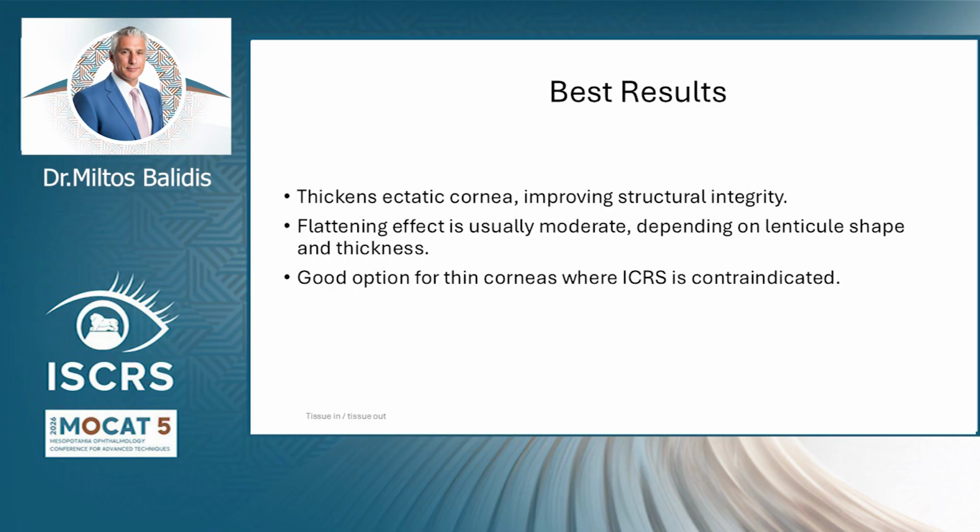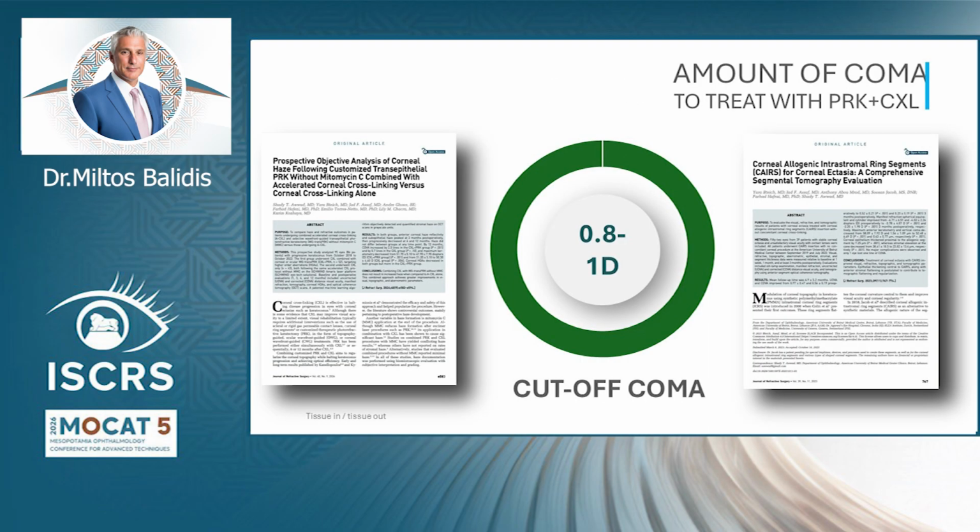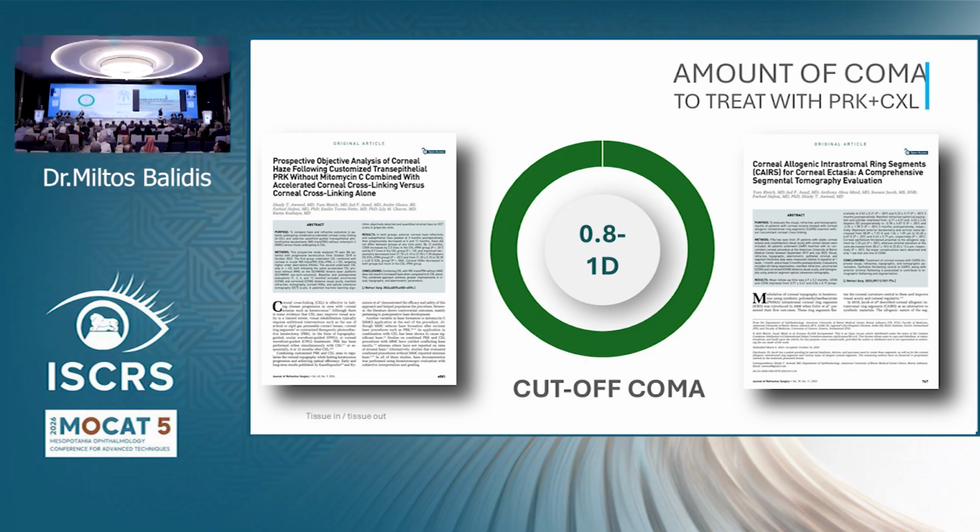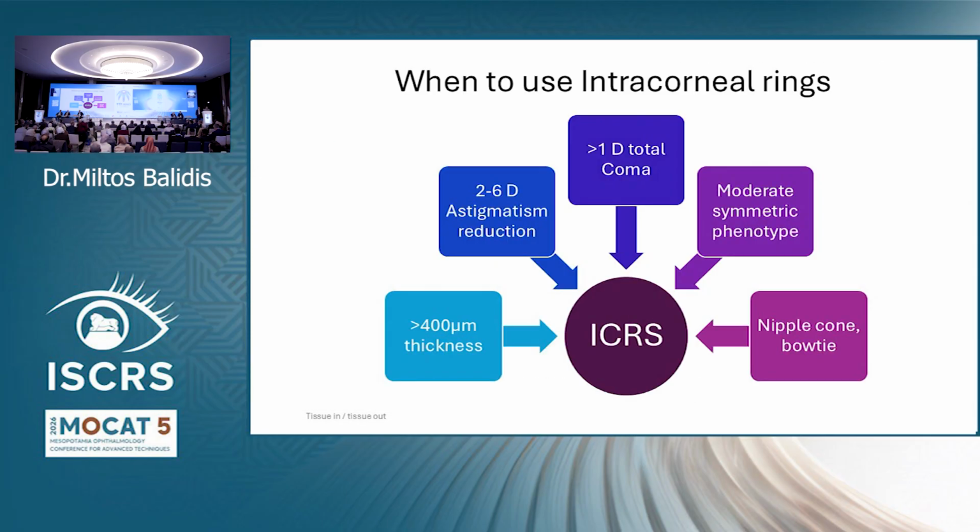So to try to summarize how we will see patients with keratoconus. First, measure the coma. If the coma is less than 1 diopter, I think the protocols that we use with PRK and cross-linking, either topographic, tomographic, whatever way you want, are working really fine. Just stick with these protocols. When are we using rings?